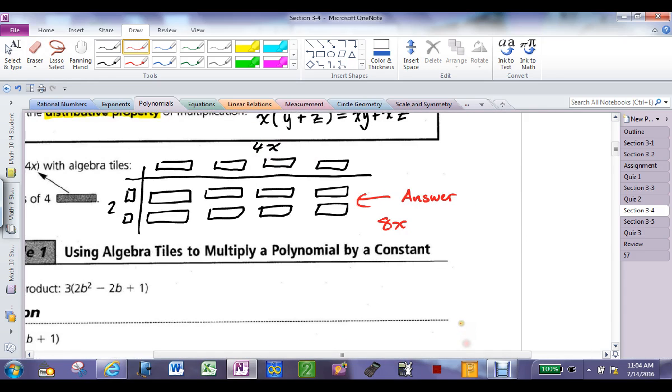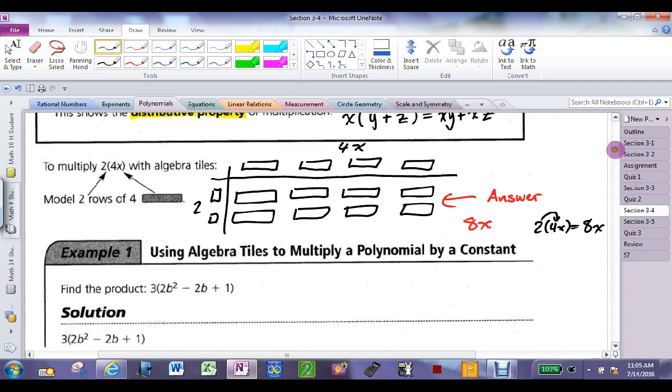So you guys now know 2 times 4x is, the 2 goes everywhere, 8x. Isn't x basically just 1? No. X is x. You have no idea what x is. Okay? Great. Let's go on to this one.